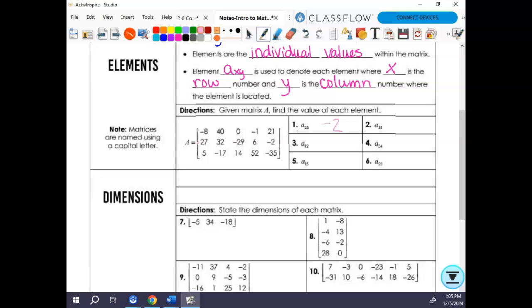You see how that works? And a 3,1 means I go to the third row, first column, and my number is 5. You understand how that works?